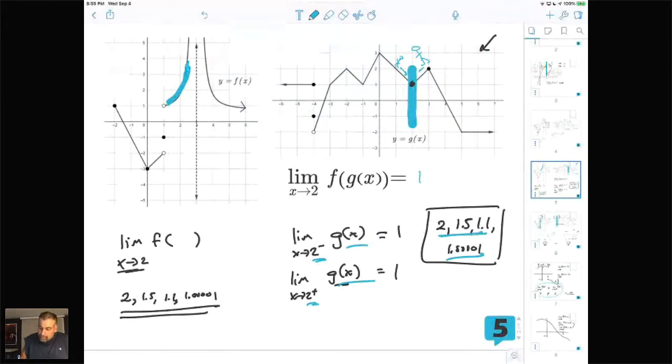G of x in both cases follows this progression: 2, 1.5, 1.1, working its way down to 1. So regardless of left or right, in both cases we're following the progression from above, from the numbers greater than 1, which means I'm coming this direction in both cases. I hope that's a little bit clearer of an explanation on that one.